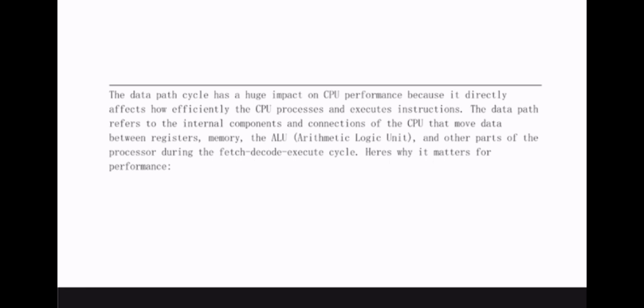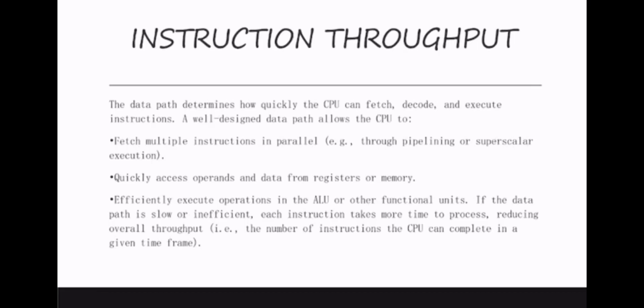Here's why it matters for performance. Instruction throughput. The data path determines how quickly the CPU can fetch, decode, and execute instructions. A well-designed data path allows the CPU to first fetch multiple instructions in parallel, for example through pipelining or superscalar execution.